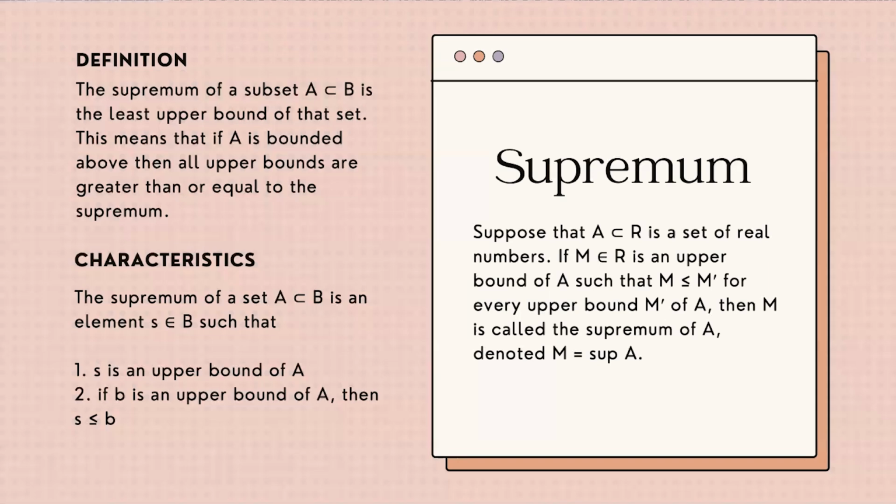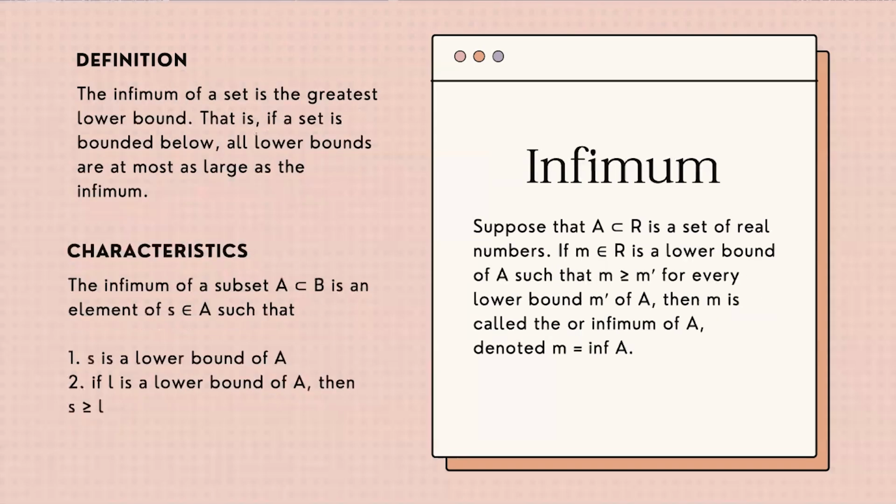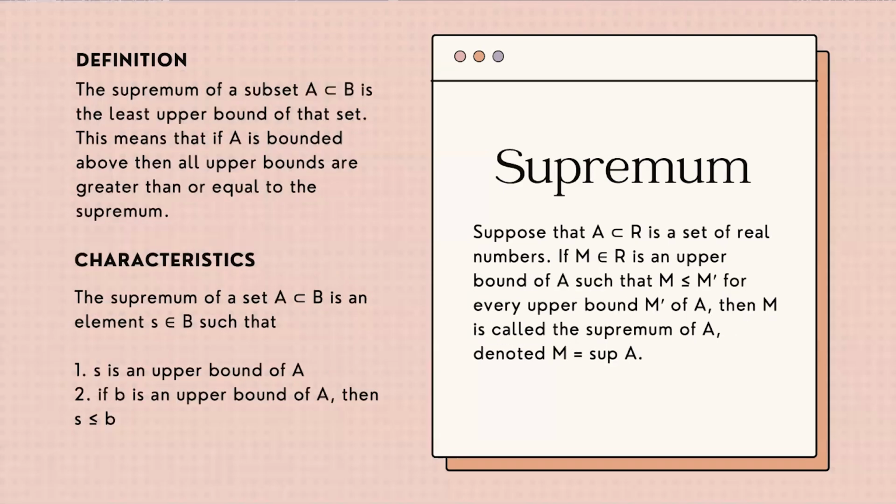So here, in the characteristics, I just use S para naman we can compare it with the characteristics of our infimum. So, again, the characteristics of your supremum are the following. First, it should be an upper bound of your set A. Next, if something is an upper bound of the same set, it should not be less than your S.